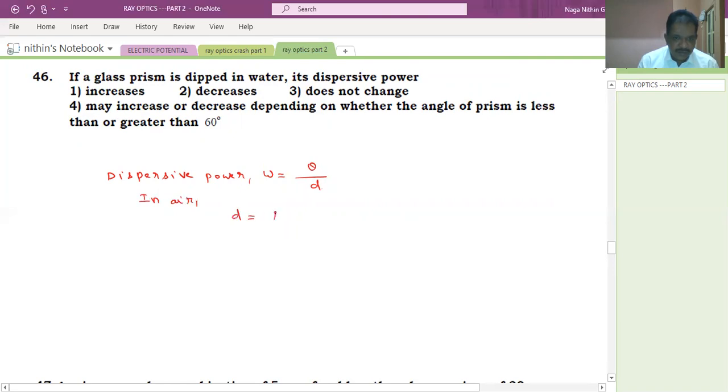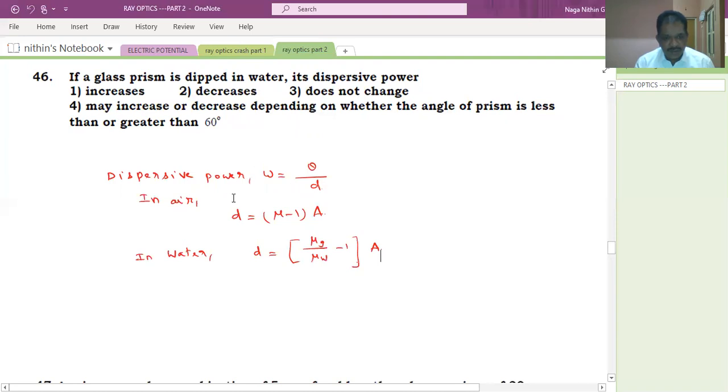D is equal to mu minus 1 into A. In water, D is equal to mu G by mu W minus 1 into A. Here what happened is deviation will decrease.